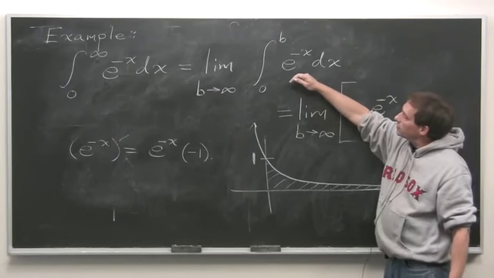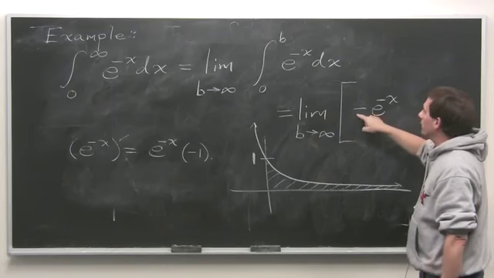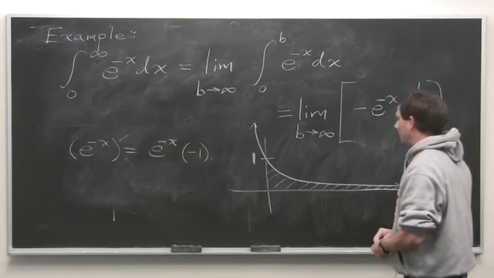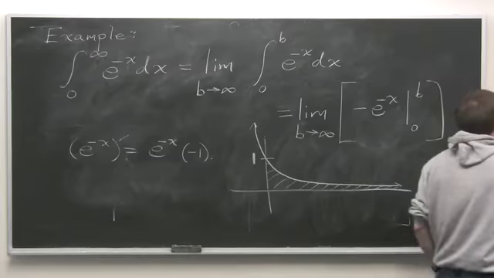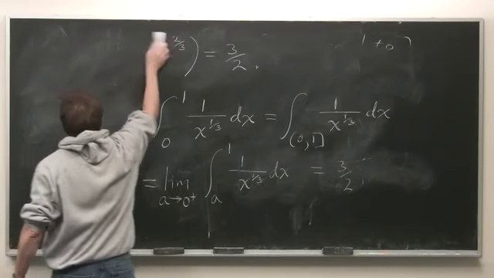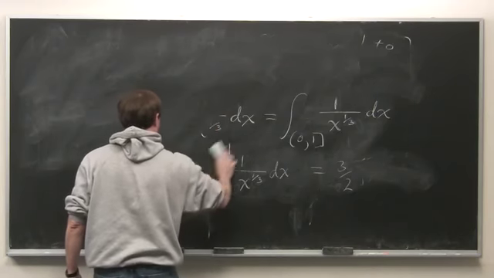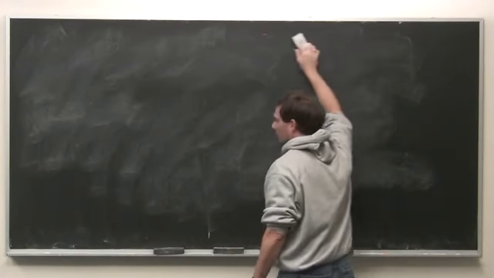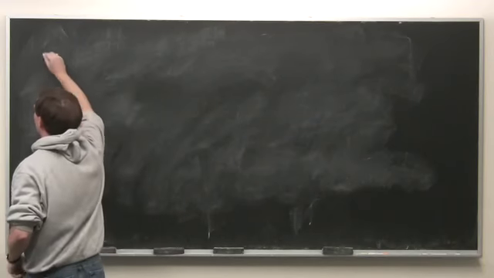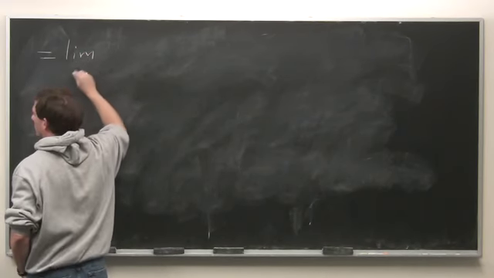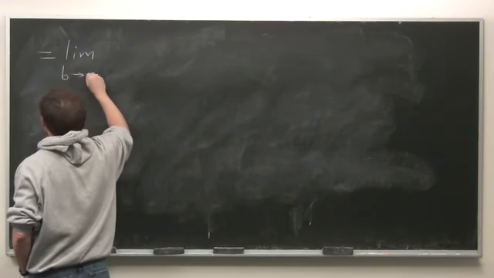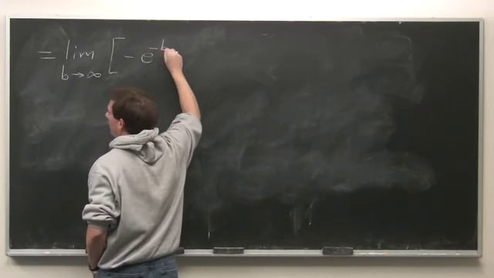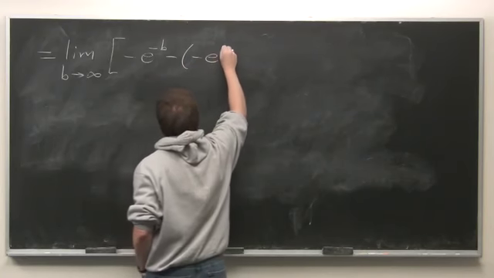So the fundamental theorem tells us to calculate this integral, you take this antiderivative and you evaluate from 0 to b. So what we get is the limit as b approaches infinity of negative e to the minus b minus what you get at 0.